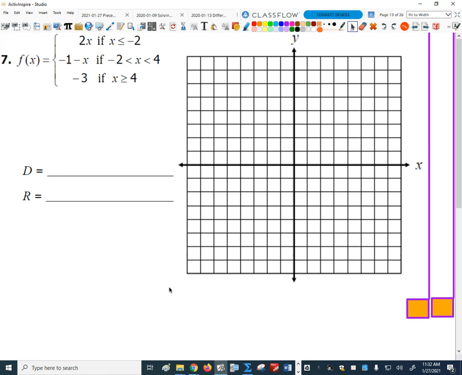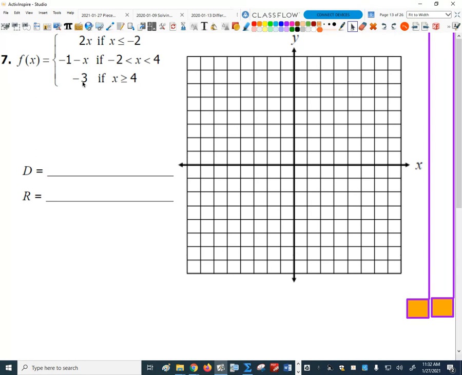The ant is walking on the top piece whenever x is less than or equal to -2, but when x passes through -2, he moves to the middle piece, right? And that's where the ant is walking for values of x greater than -2 and less than 4. So when x is between -2 and 4, he's walking on the middle piece. And then when he gets to x values that are bigger than 4, he's jumping down to the bottom piece.